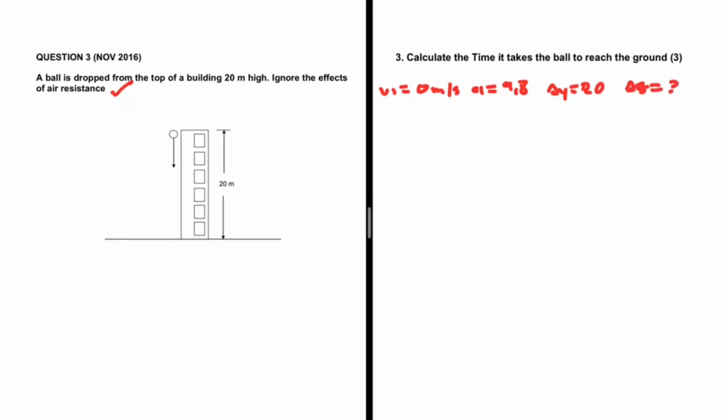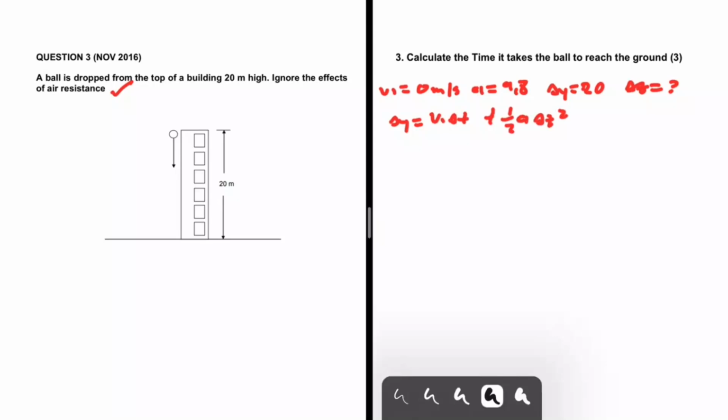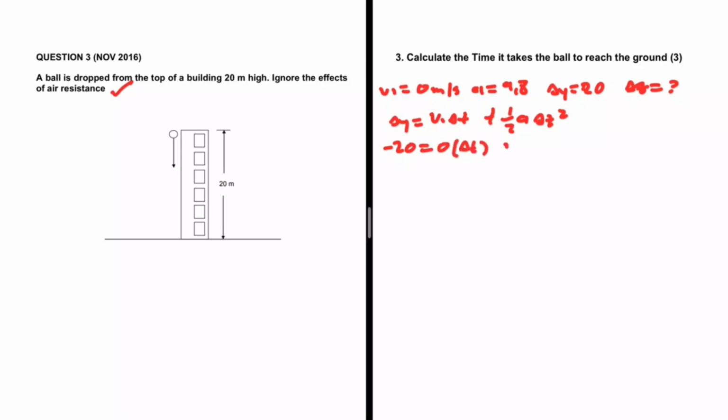With these variables, we can use delta y equals Vi delta t plus half acceleration delta t squared, of which delta y is minus 20. Vi is 0, so we're going to have 0 multiplied by the change in time, plus half, the acceleration is minus 9.8, delta t squared.